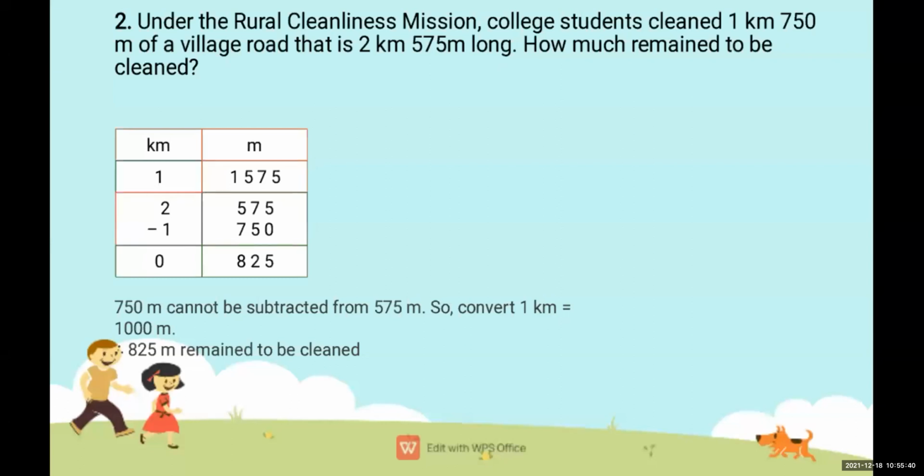Under the rural cleanliness mission, college students clean 1 kilometer 750 meter of a village road. See, college students ने क्या क्या clean किया? How much they have cleaned? They have cleaned 1 kilometer 750 meter of a village road.